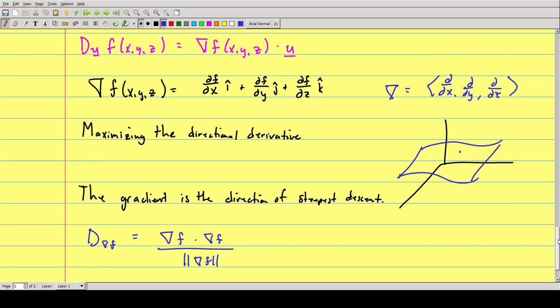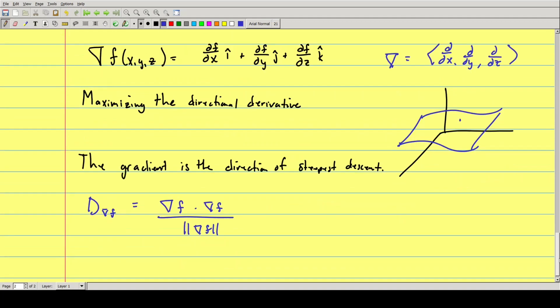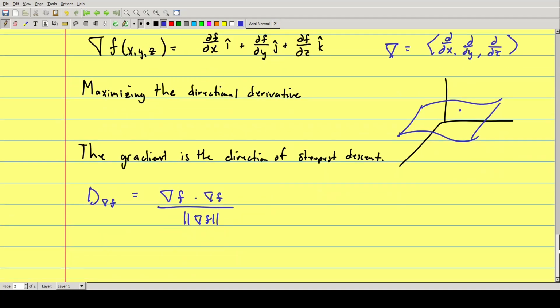That's the formula at the top of the screen, in the direction of steepest descent, dividing by the necessary factor in order to make the second gradient f a unit vector. Okay, so we have that easy way to write things down, which is super nice.